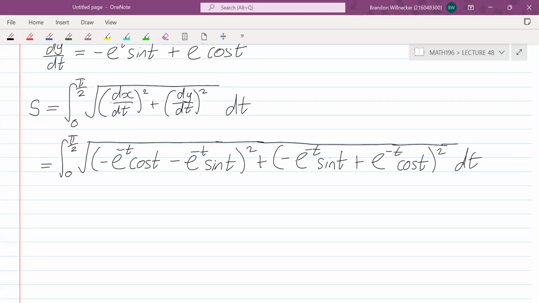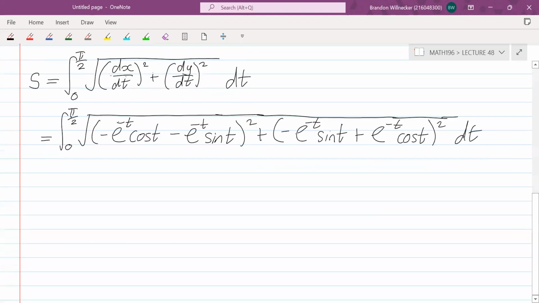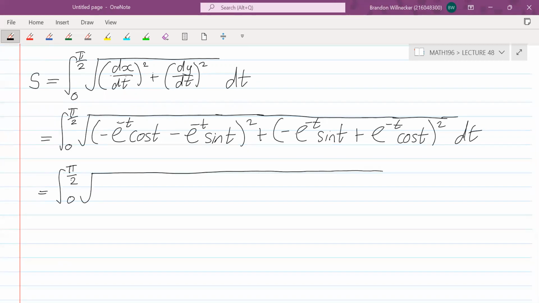Now we can do a little bit of simplification here. This is going to be the integral from 0 to pi over 2 of the square root of, for the first bracket, we can take out a factor of e to the minus t.